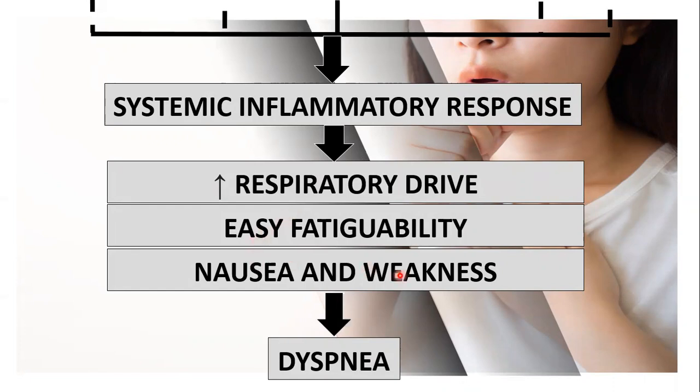And overall, this would be manifested by dyspnea, or difficulty of breathing. So a very common manifestation in patients with pneumonia would be tachypnea and difficulty or shortness of breath.